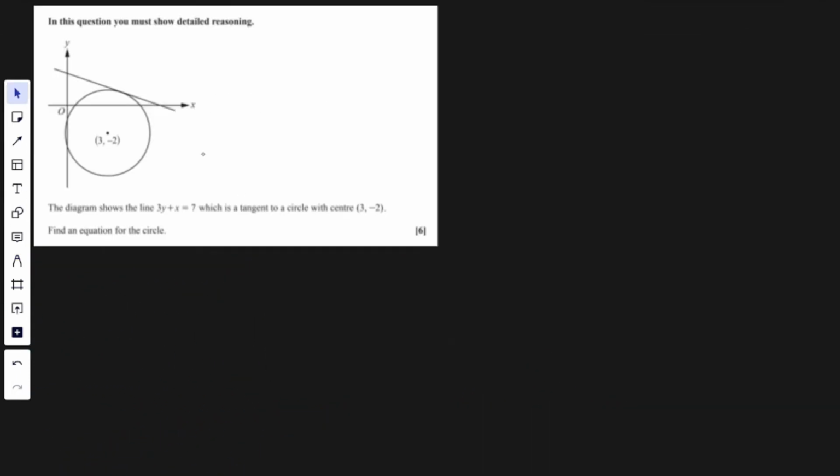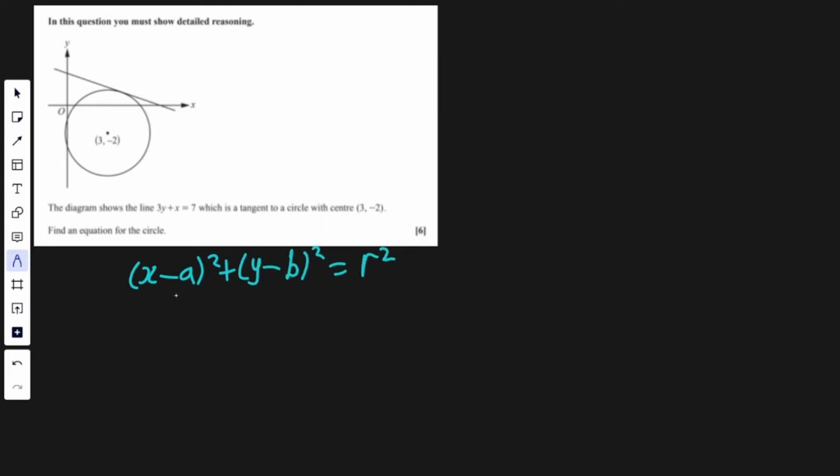So in this example, we're told to find an equation of a circle. We're given kind of a lack of information almost. We're given the equation of a tangent, we're given a centre, but that's about it. Now, given that we're trying to find the equation of a circle, we know it's in the form (x - a)² + (y - b)² = r².